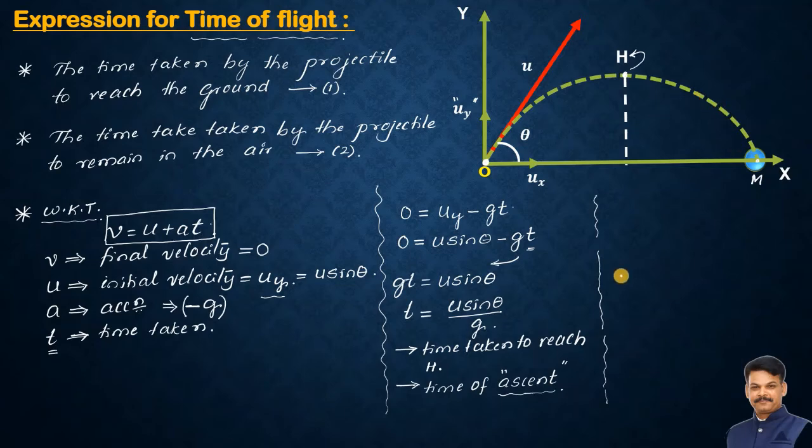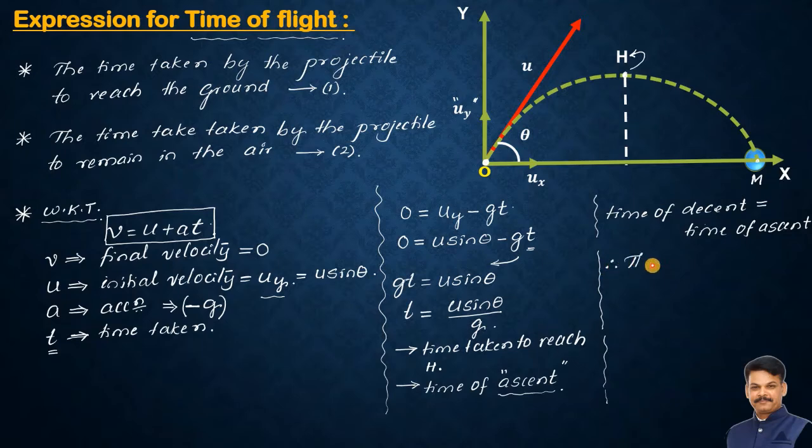So that is called the descent. Ascent, its opposite is descent. Hence, the time of descent is equal to the time of ascent. Hence, the time of descent is also same as that of the time of ascent.